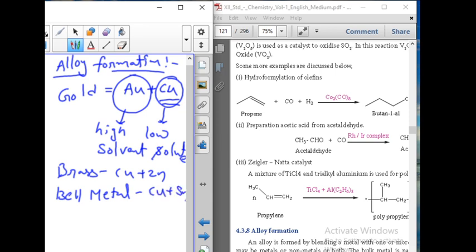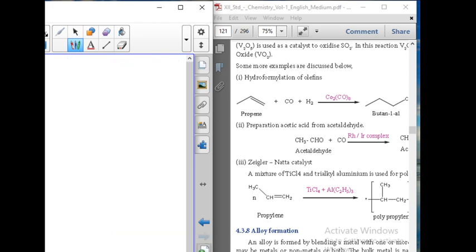Here copper percentage is higher and tin percentage is lower. Same with brass, containing copper percentage higher and zinc percentage lower. Monel metal is an alloy of nickel plus copper. These are some important alloys for us.